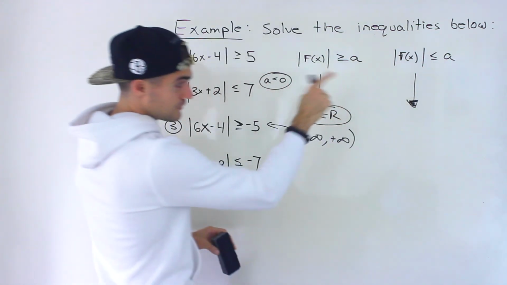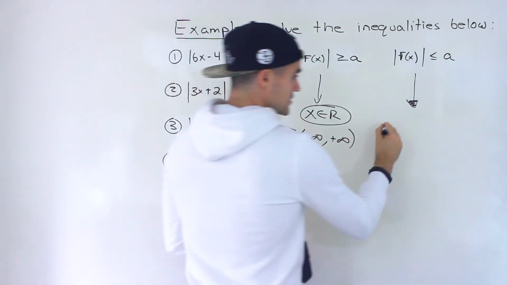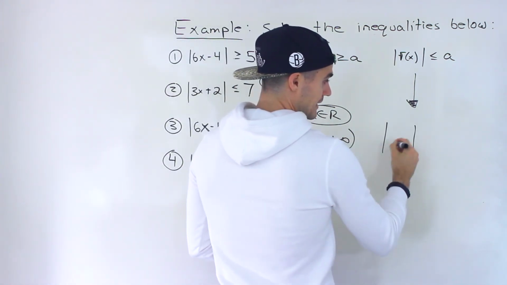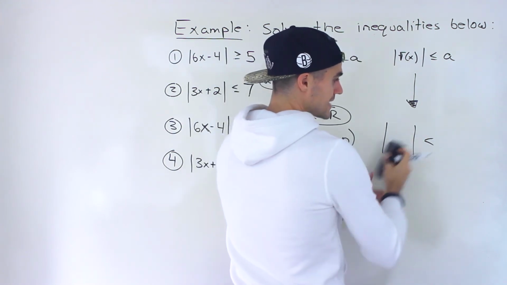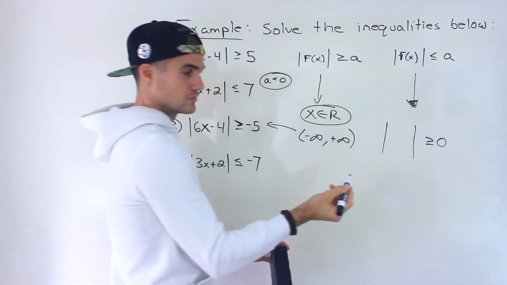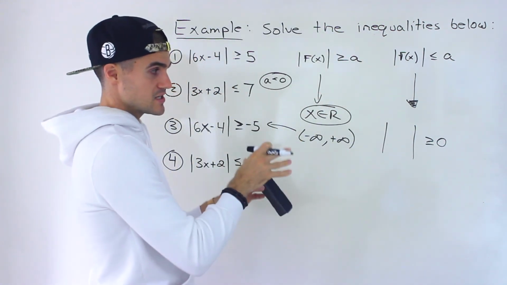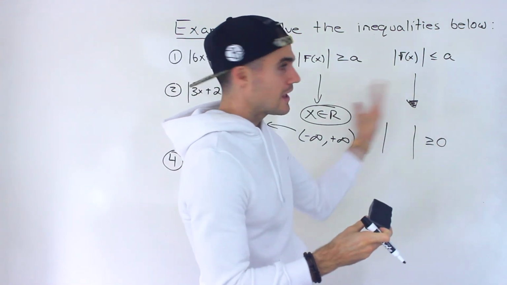Versus here, what's this going to be if the a is negative? Well, notice that the absolute value of anything always has to be, as we said, greater than or equal to 0. It always has to be 0 or positive. And so it can't be negative.